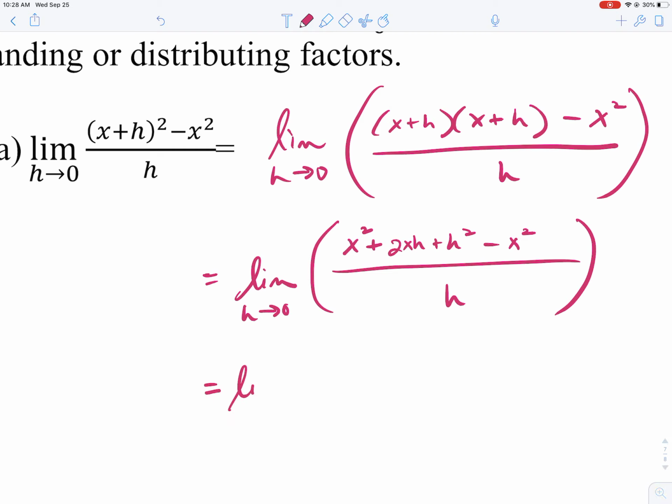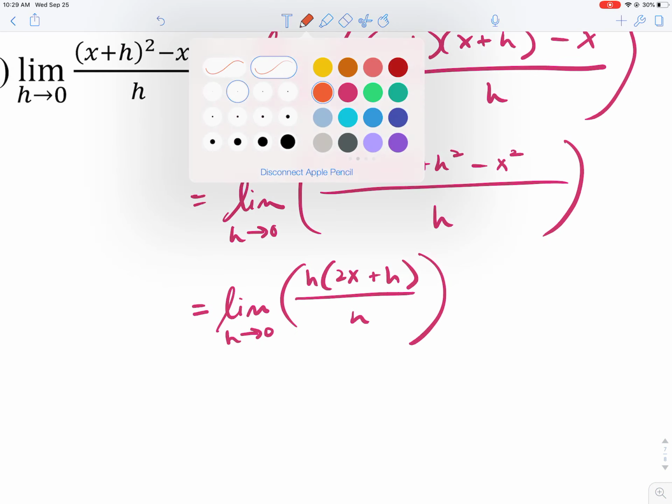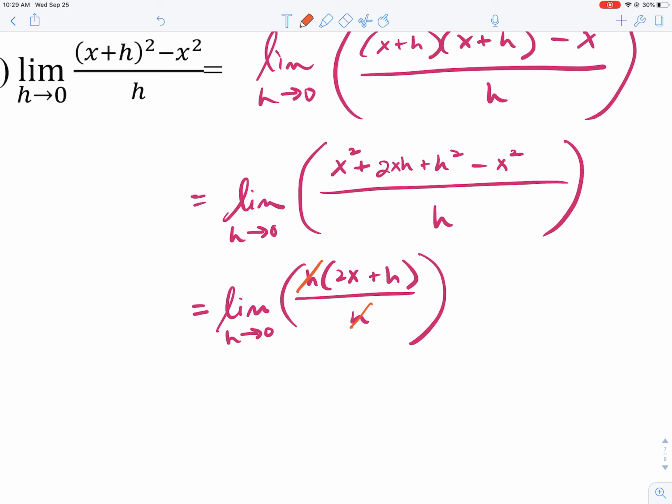Now when I combine like terms, you should see that the x squareds will cancel. That leaves me with 2xh plus h squared over h, which I'm going to actually factor an h out from. I'm just going to do it in the same step. So now the h's will cancel.